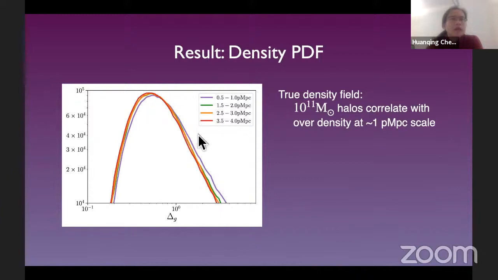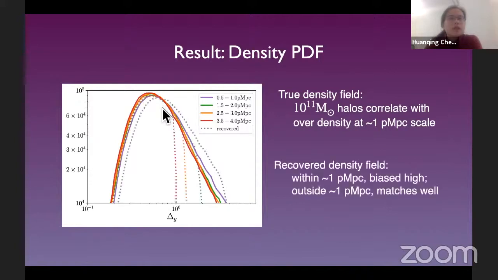As we expected, in the central region, because the massive halos correlate with the overdensity, this inner region has a systematically more dense PDF than the rest, while outside of this region, the PDF looks very similar.